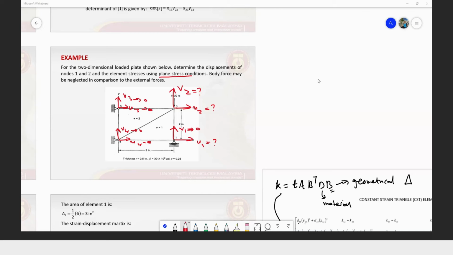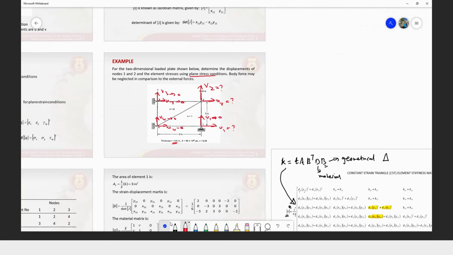Our problem is under plane stress condition, as you can see here, we have the length of the structure, which is 3 inch, 2 inch, and the thickness is just 0.5 inch, which is kind of a thin plate, right? Most thin plate problems fall under the plane stress condition. Body force may be neglected in comparison to the external forces. So we ignore the body force.